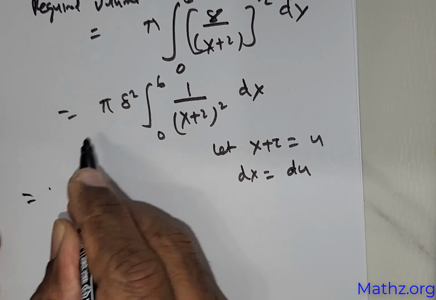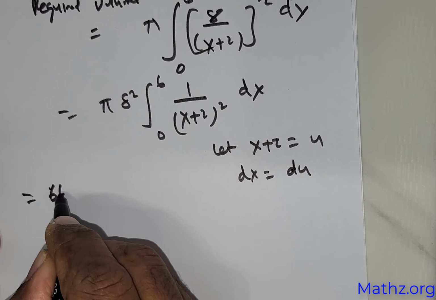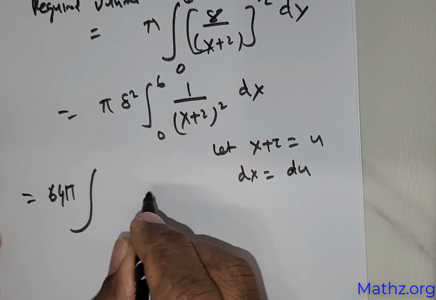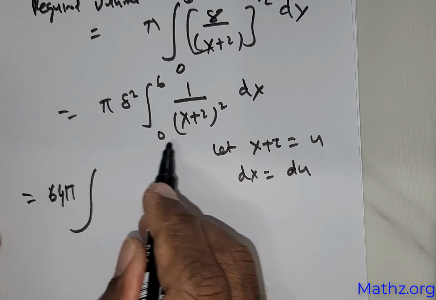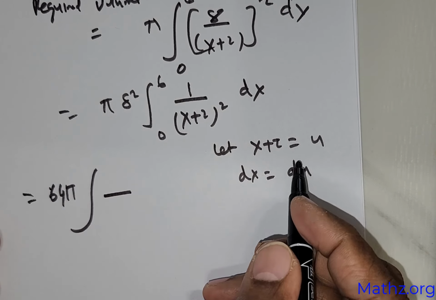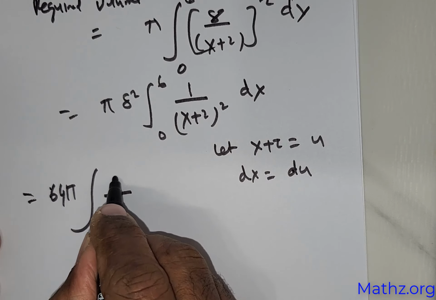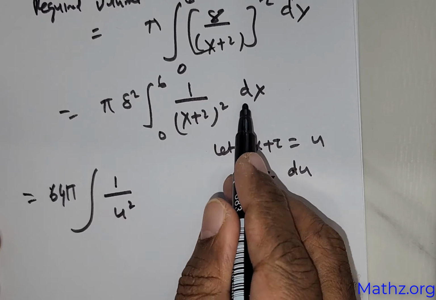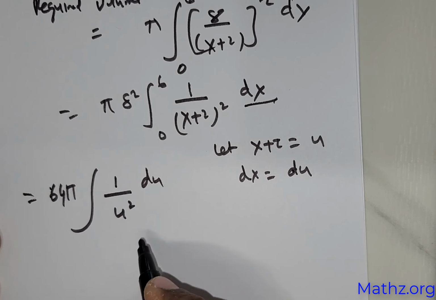You don't have to touch the limits. Let the limits be as it is. So 64 pi times the integral. You don't have to place the limits now. Just substitute the substitutions that we have taken here. So it's going to be 1 over (x + 2) is u. You have a u squared there. In place of dx, you have du.